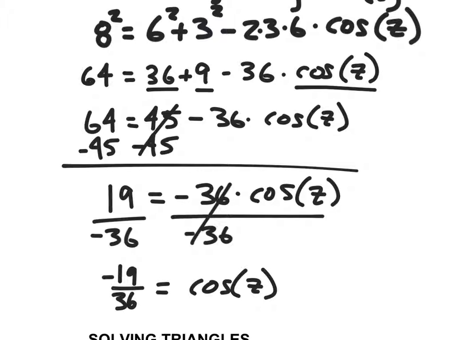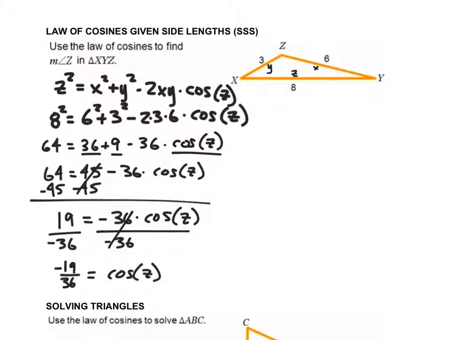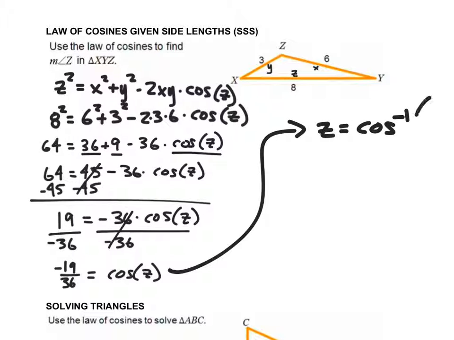Now I want to make sure we're in degree mode because we're finding this in degrees. If I wanted to solve for Z, I could write this as Z is equal to cosine inverse of negative 19 over 36. Let's solve for that.